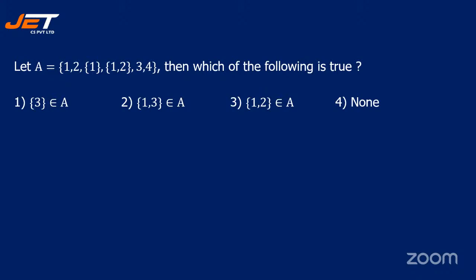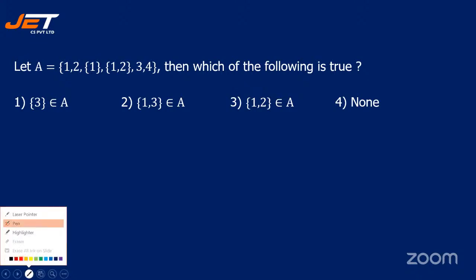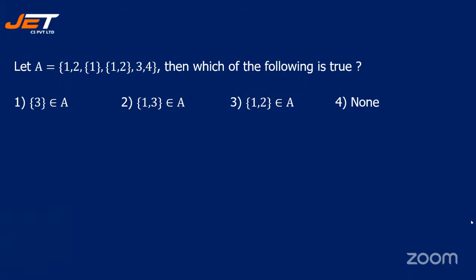Let me write and explain. Is 3 alone an element of A? No. That is 0. Next, {1, 3}.